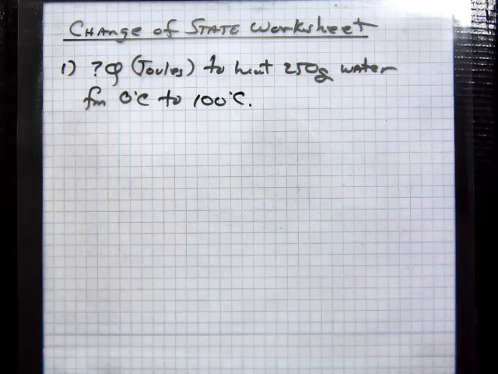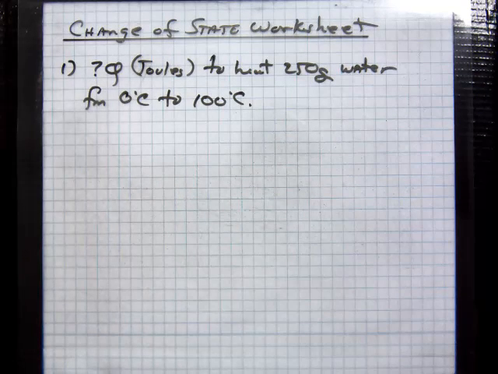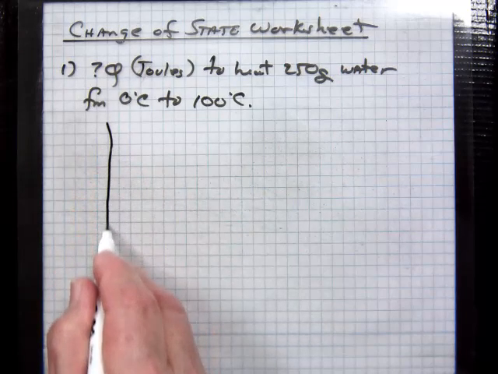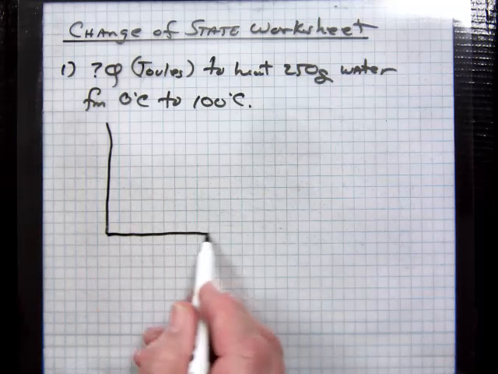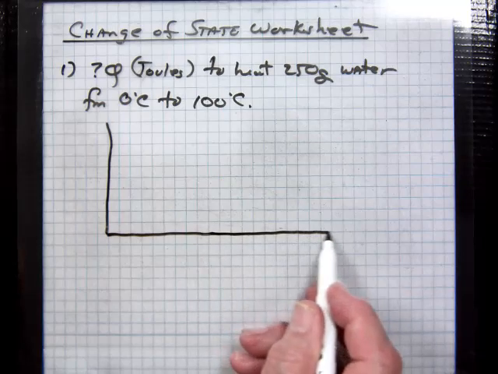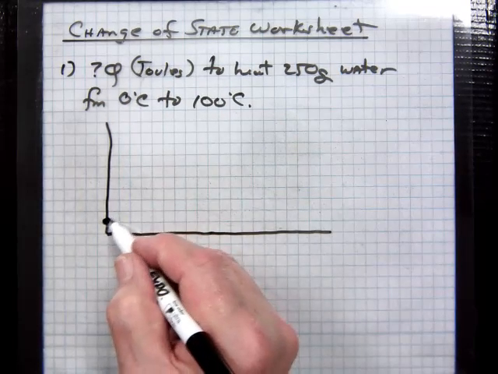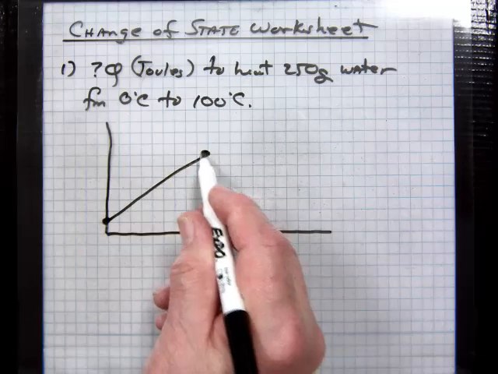Okay, like I say, you have fragments of the heating curve. So when you look at this problem, you kind of have to make a little diagram of where you're starting. So we're starting at 0 degrees and going up to 100 degrees.